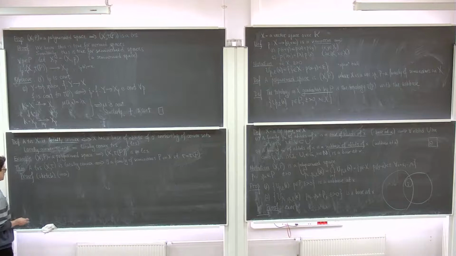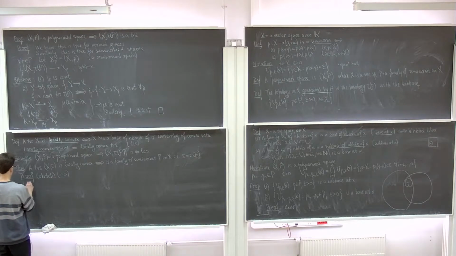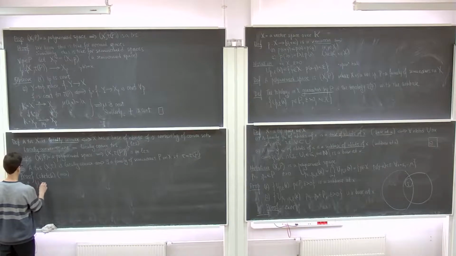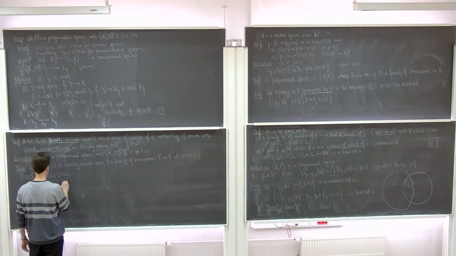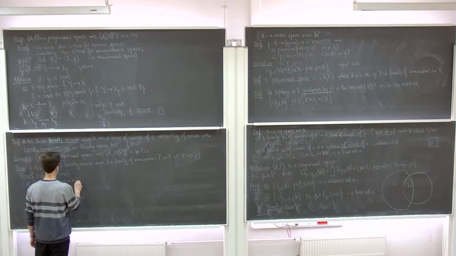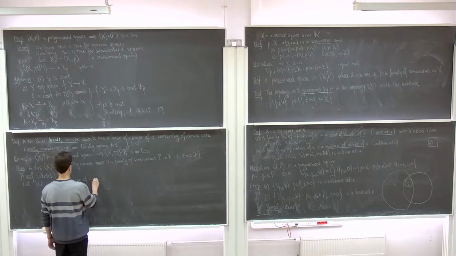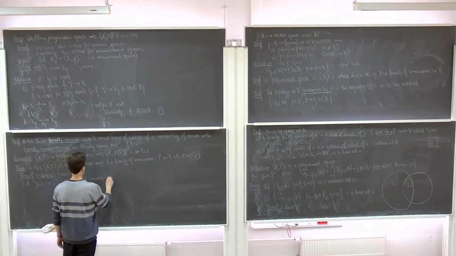So let's choose a base of convex neighborhoods of 0, say U_i. This base of convex neighborhoods of 0.